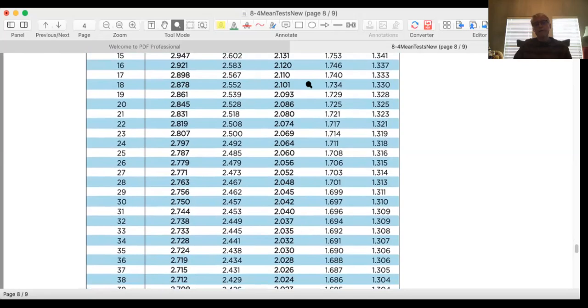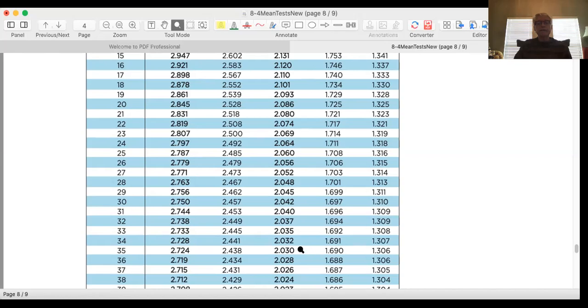One thing about this table is all these critical values that we have here are all positive. They are all on the right side. So we need to have one on the right side and one on the left. Well, this gives us the one on the right. 2.030 is a critical value on the right.